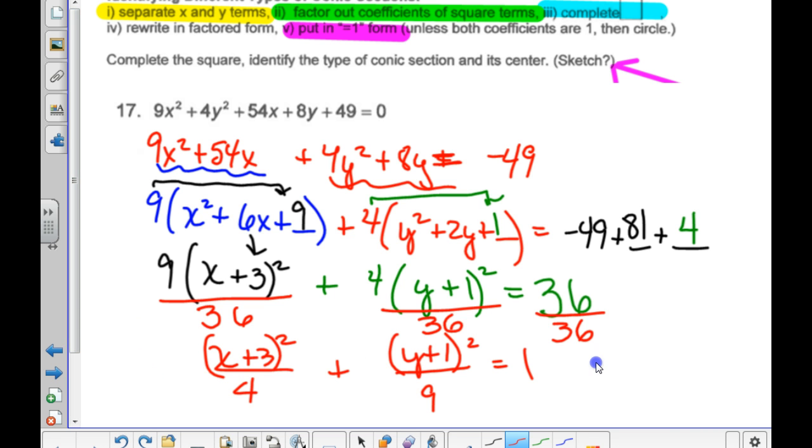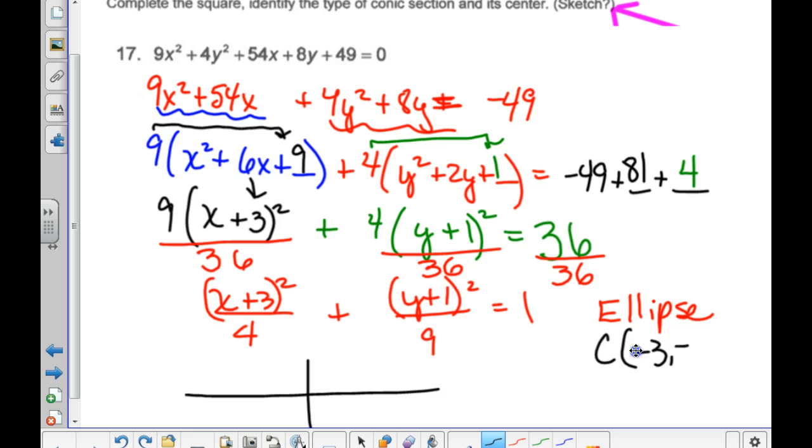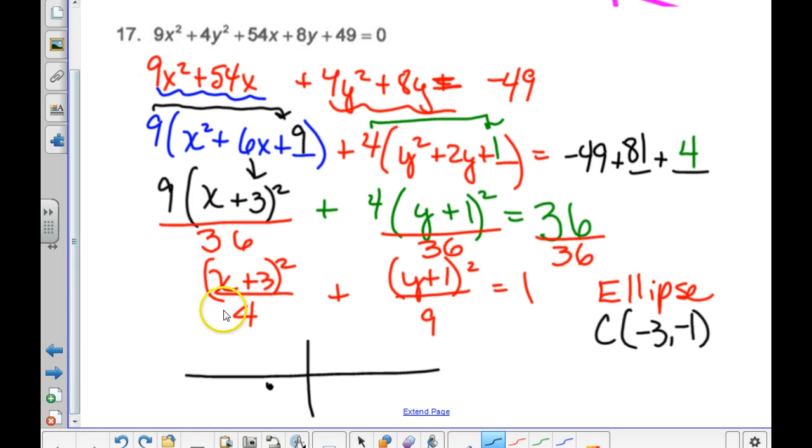Now we need to write that this is an ellipse. I'm going to do a sketch. If you don't have room, I'm okay with that. Where is the center? I do want you to write that down. Negative 3, negative 1: left 3, down 1. In the x direction, it goes out how far? 2 units, because that's what's underneath here, the square root of 4 underneath the x's.